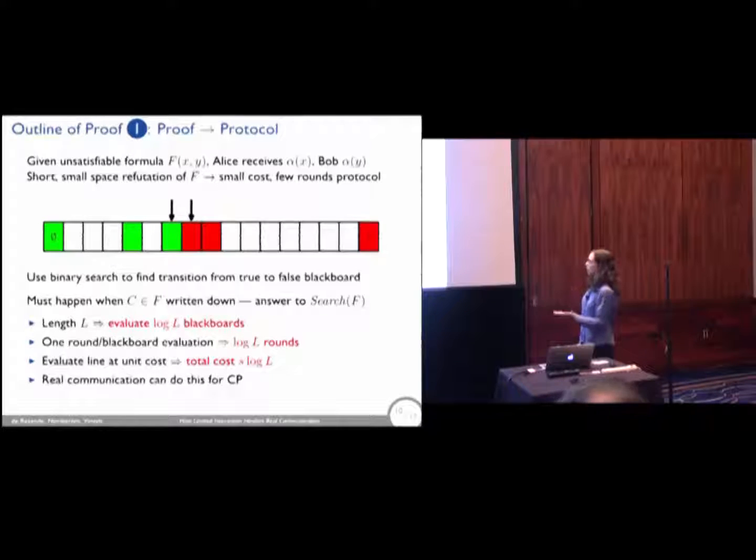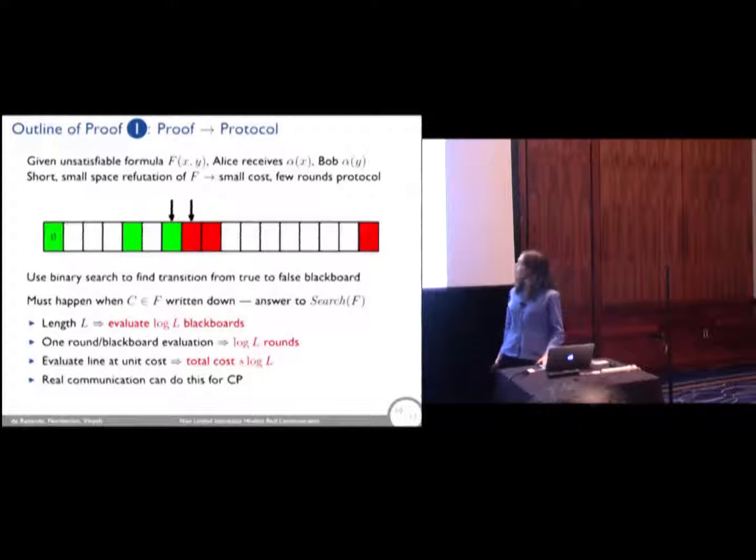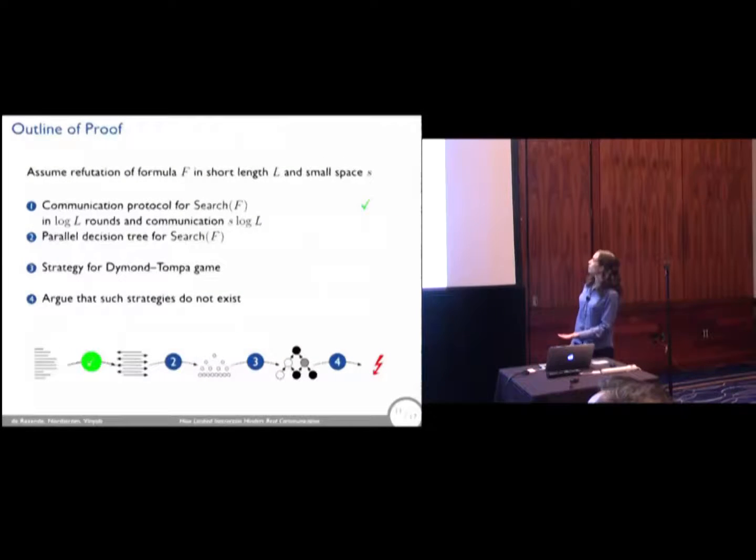And finally, if they can evaluate each line of the proof at unit cost, this gives a total cost of S log L. And real communication can do exactly this for cutting planes. Because if you want to evaluate an inequality, Alice can evaluate her part of the inequality, Bob evaluates his part, and then they just send it to the referee to compare. Okay, so that finishes the first point.